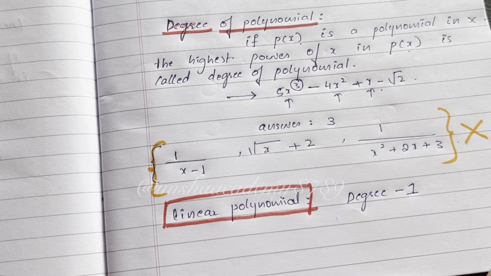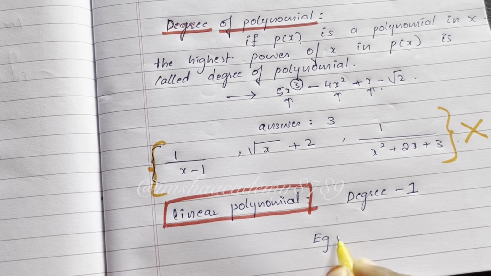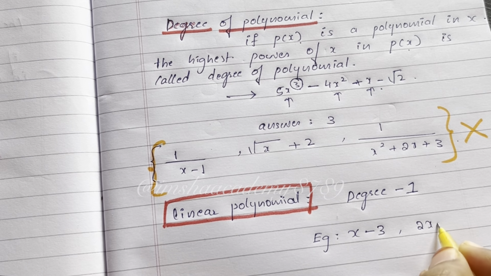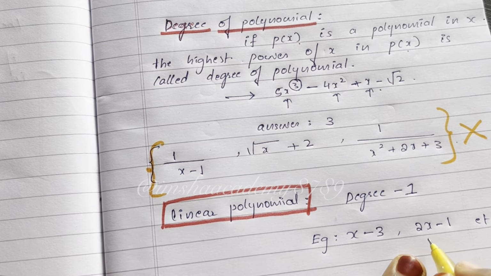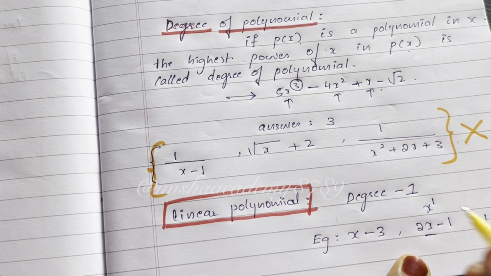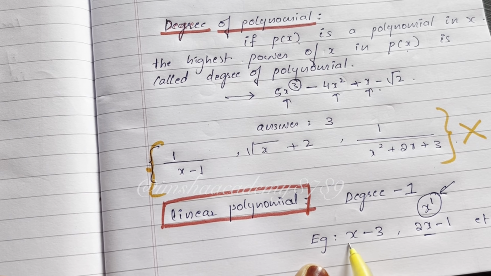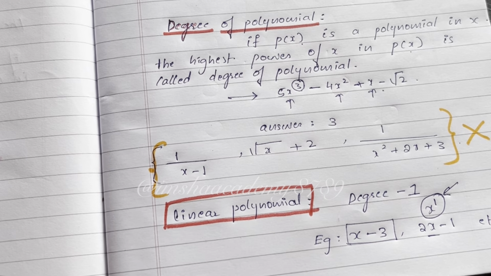I hope it is clear. Let me give an example: 2x, x minus 3, or 2x minus 1, etc. Because here x means x raised to 1, right? So the power of x is 1. Wherever the power of the highest degree is 1, this is called a linear polynomial.